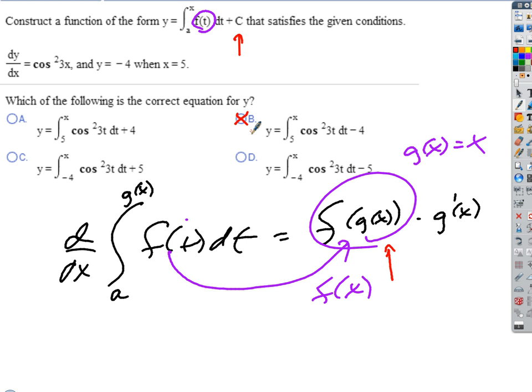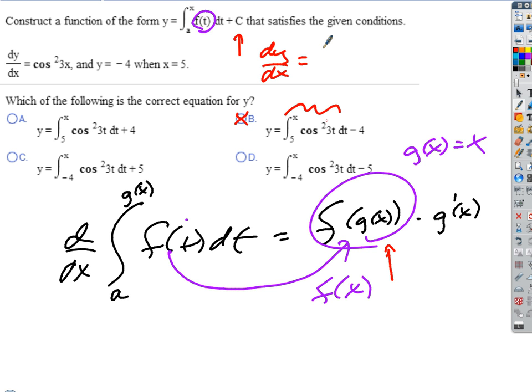Okay, well, the derivative, does it fit the bill? Is the derivative cosine squared 3x of this guy? It is, isn't it? Right? Because if I take this one right here, dy dx would equal, I've got two parts. I've got this part that's an area function plus this constant at the end. Derivative of a constant is always 0, so the derivative of that part's just gonna go away, right?